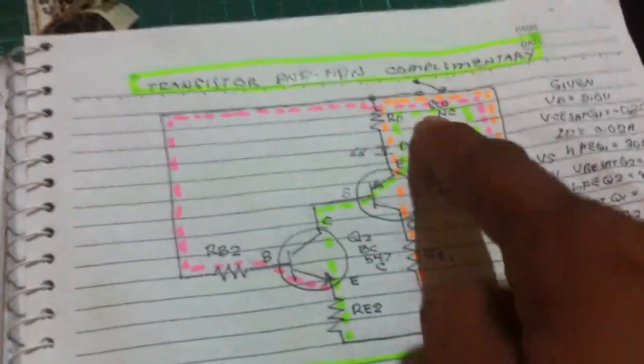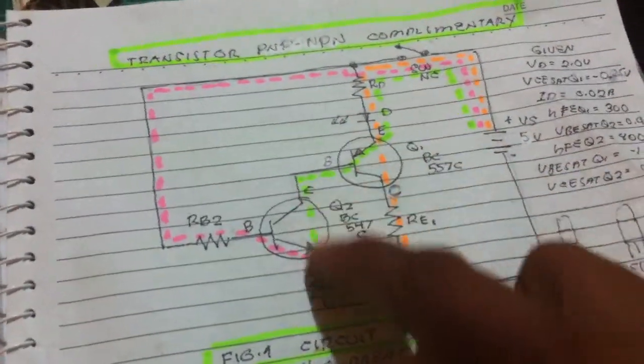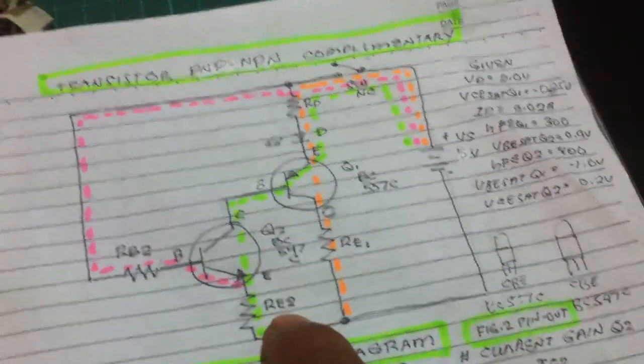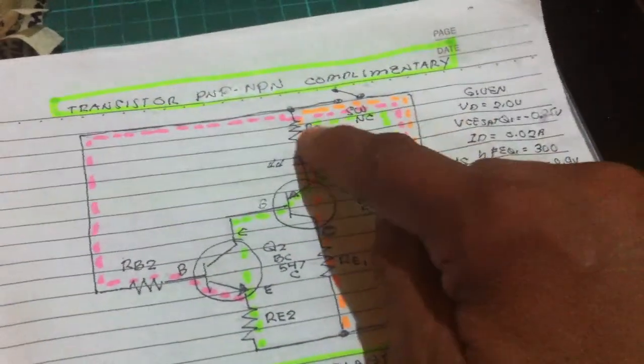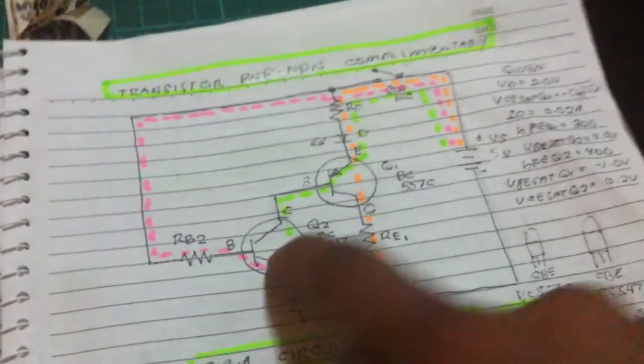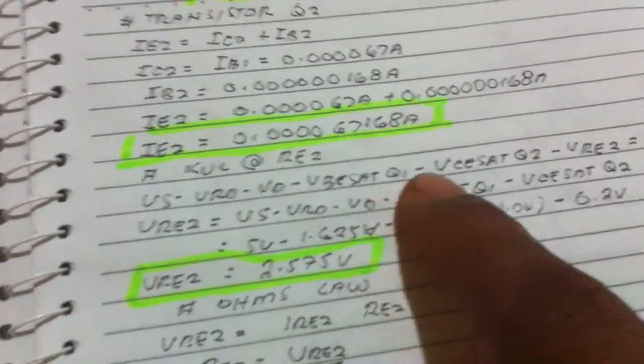And using KVL again in this green line to find the voltage drop at RE2: the voltage supply passes through the resistor, LED, first transistor, second transistor, into the resistor. So we get this. It's a very long equation.